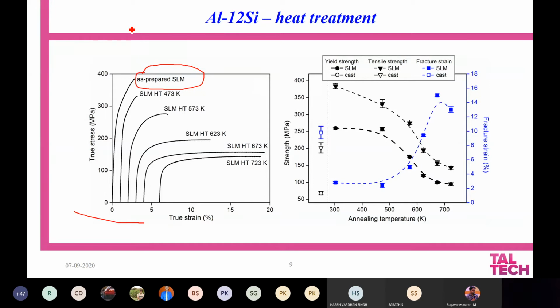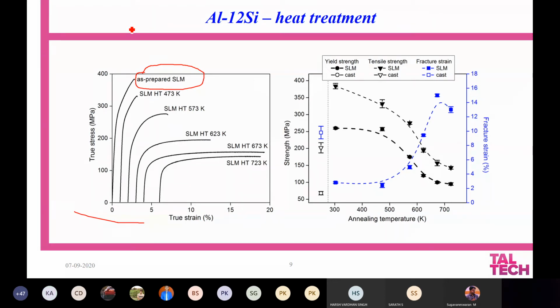So what happens when you don't have a continuous skeleton network? When you have isolated silicon, the strength is going to be reduced. As the strength is reduced, since strength and ductility are normally opposite in nature, the ductility of the material can be improved to a certain extent.